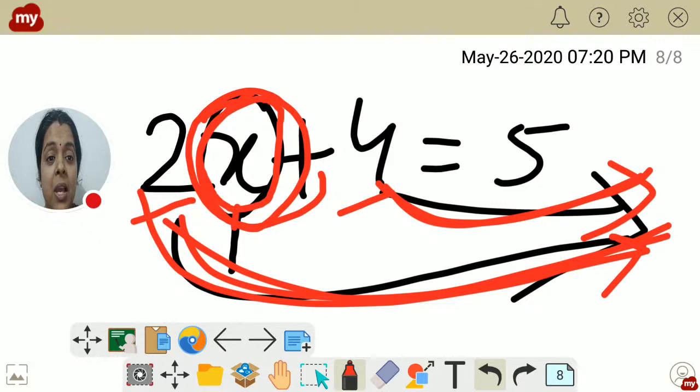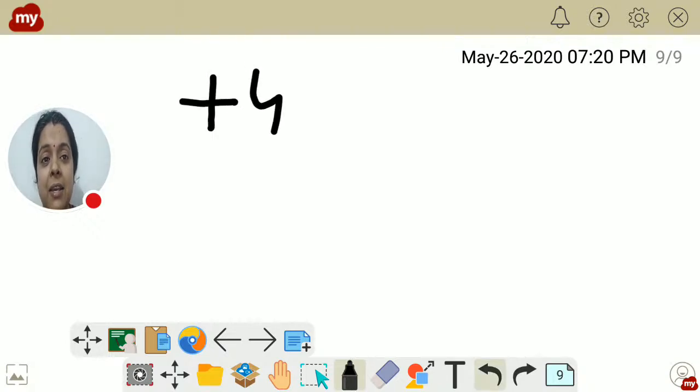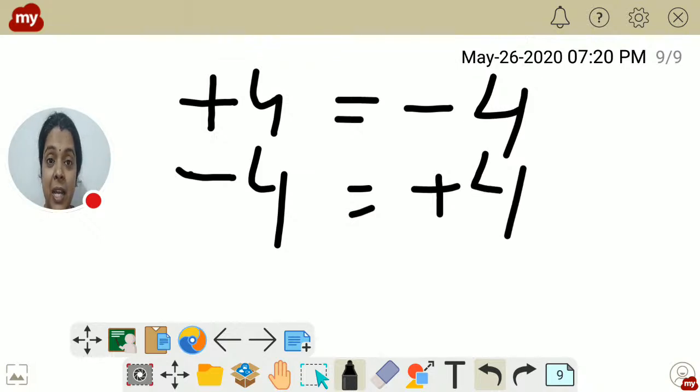Now, how to go for it? This is the most important part. If it is a plus sign here, it will become minus on the other side. If it is a minus sign here, it will become a plus sign there, right? This is very easy. If it is plus 4 and I shift it to the right hand side, it will be minus 4.